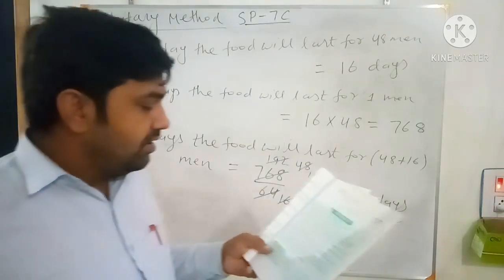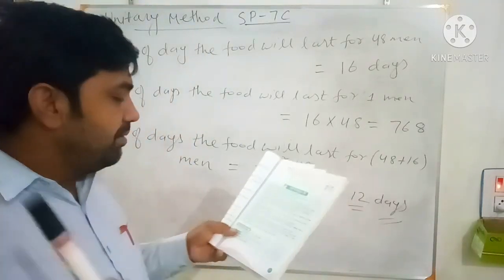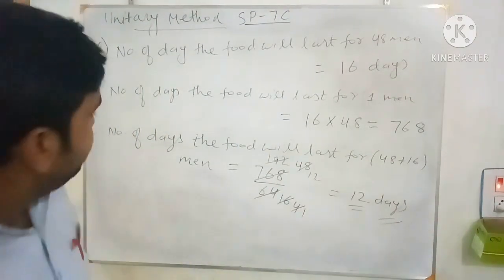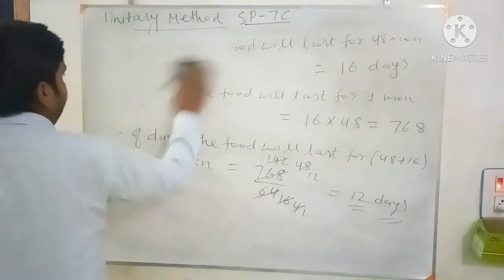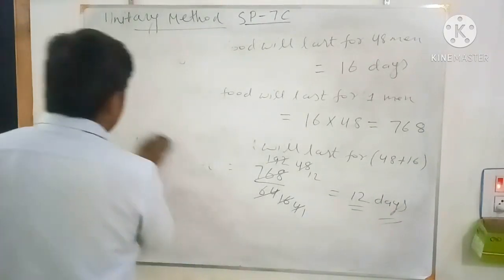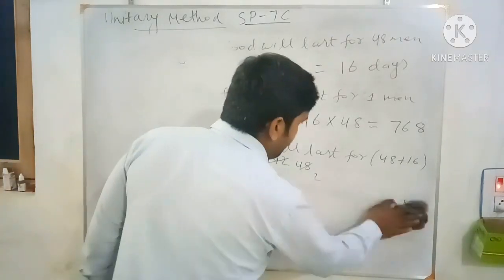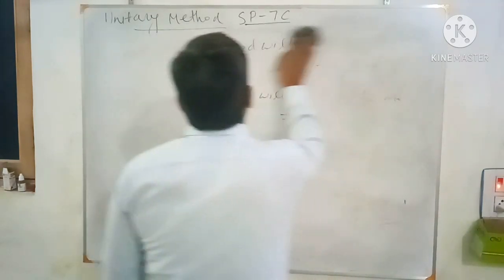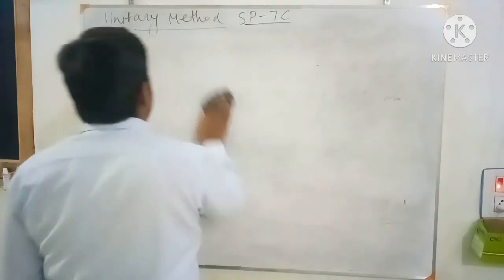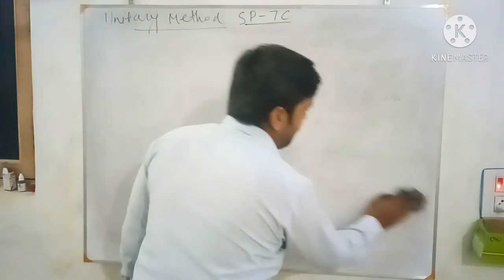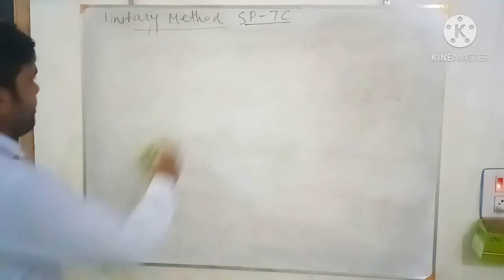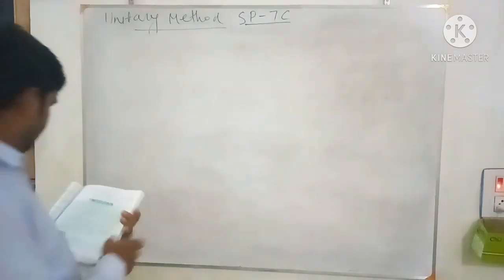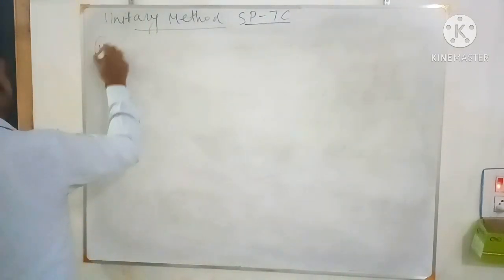Similarly, now see question number 10. On a certain map, 2 centimeter represents 1 kilometer. What does 20 square centimeter on the map represent? Now see how you do that question.